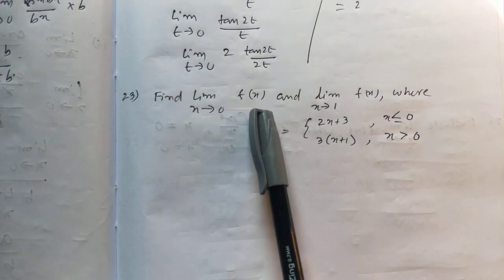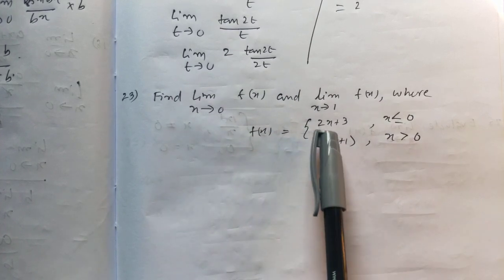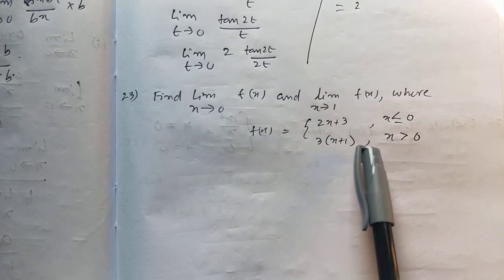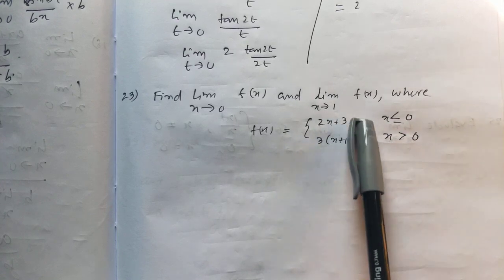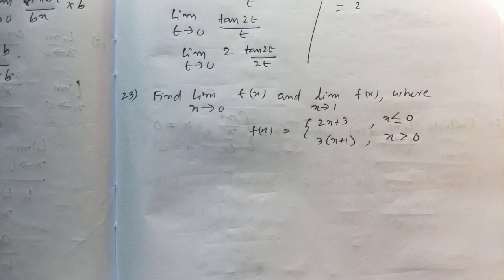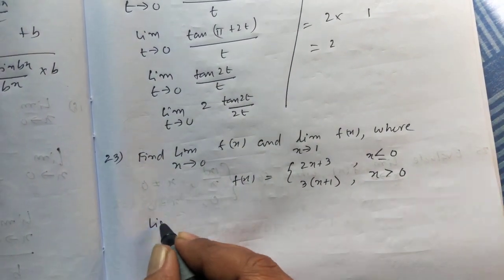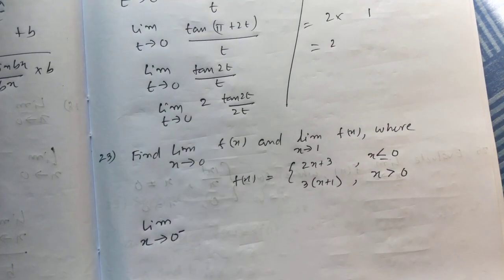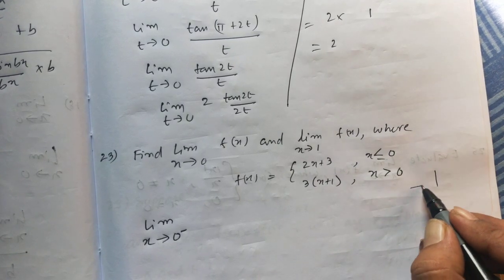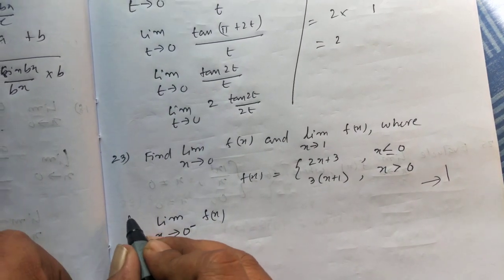Find limit x tends to 0 f(x) and limit x tends to 1 f(x), where f(x) is 2x plus 3 and 3x plus 1. If x is less than or equal to 0, we have to use this. If x is more than 0, we have to use this. Now in this case, we have to use left hand limit and right hand limit and check whether it exists or not. So first we will check for 0. Limit x tends to 0 negative means left hand limit, approaching towards 0 from the left.